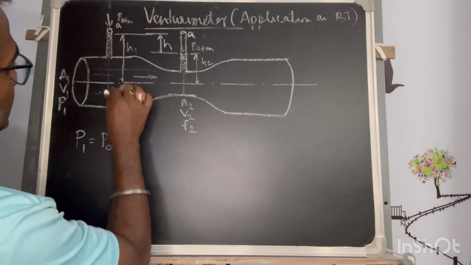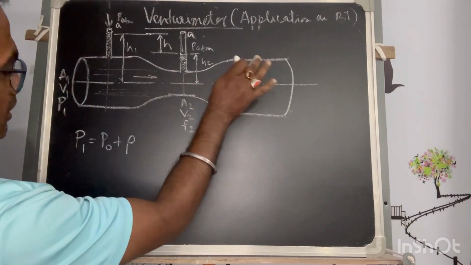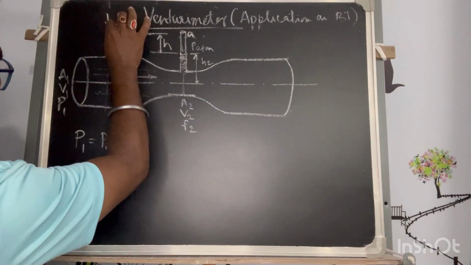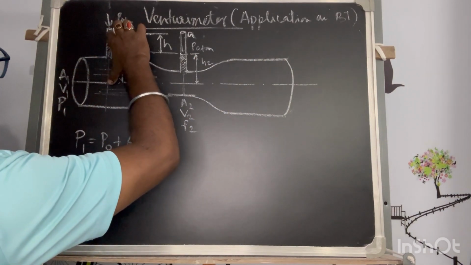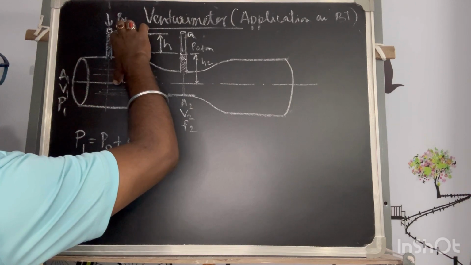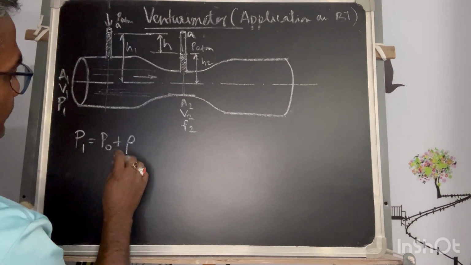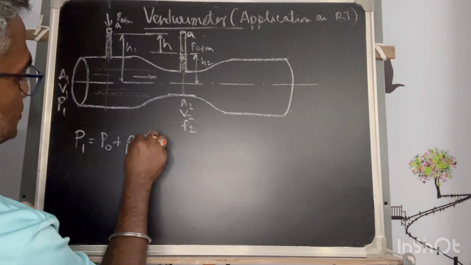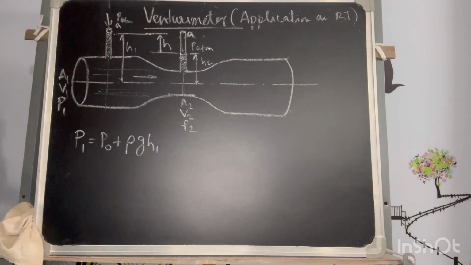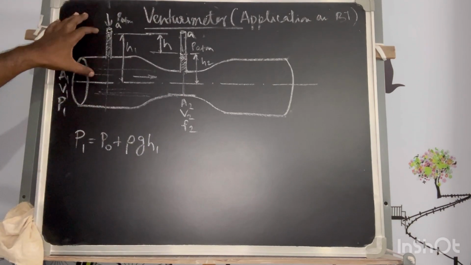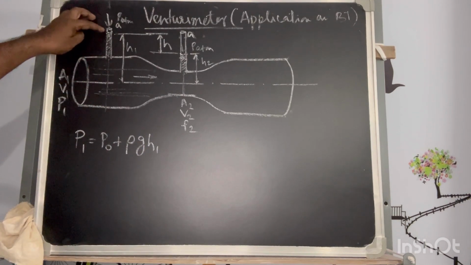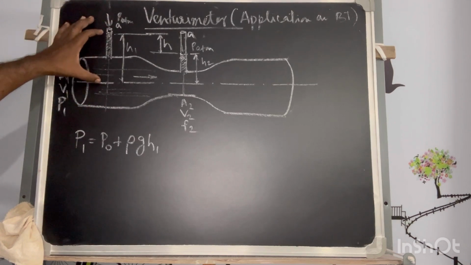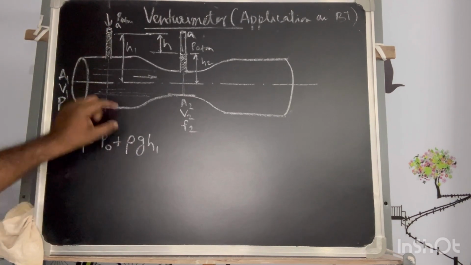rho, the density of the liquid flowing, and that will rise up to, so what is the pressure in this part? This is equal to rho g H1, that we know. The static pressure here is equal to the atmospheric plus the liquid column pressure up to this.